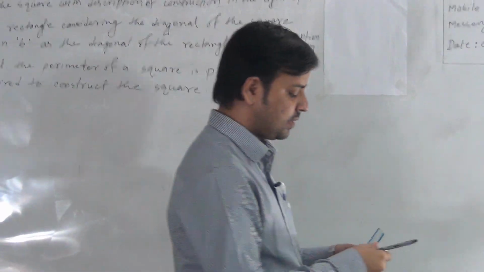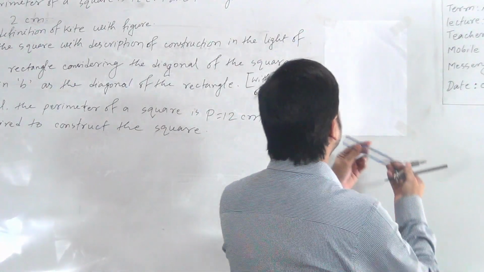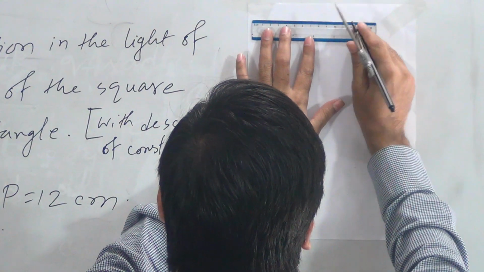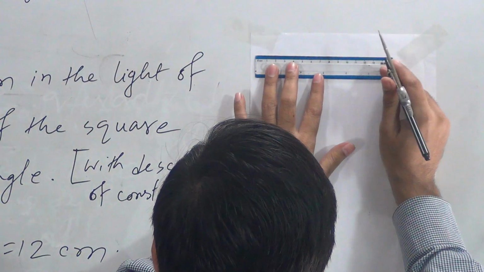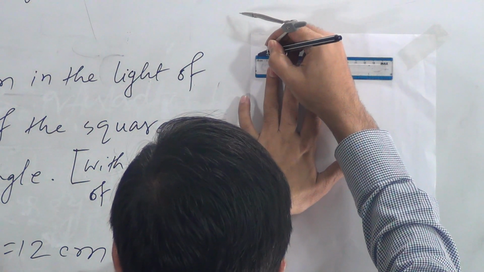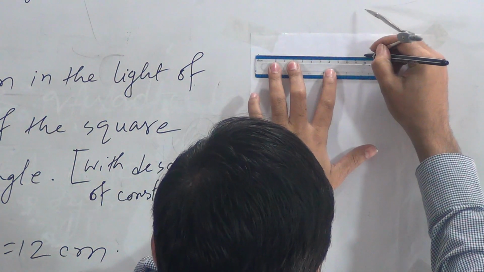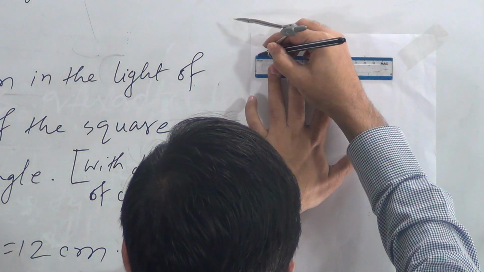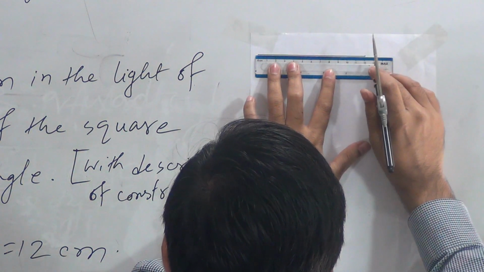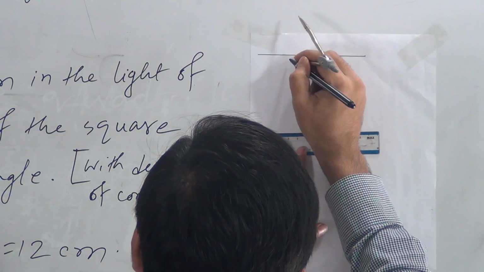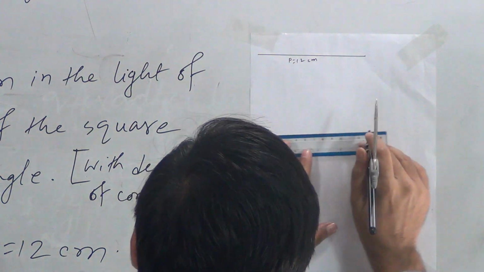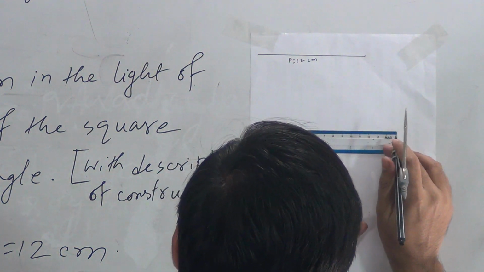Okay, using the scale, at first take a perimeter, that is 12 centimeter. So from 0 to 12 we have to take, this is the perimeter of the square, that is P equal to 12 centimeter.